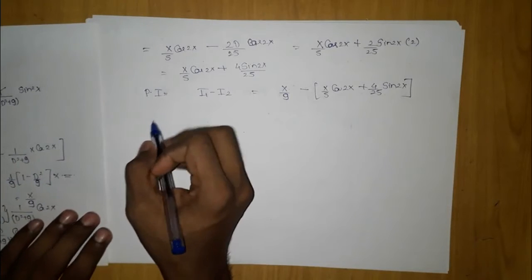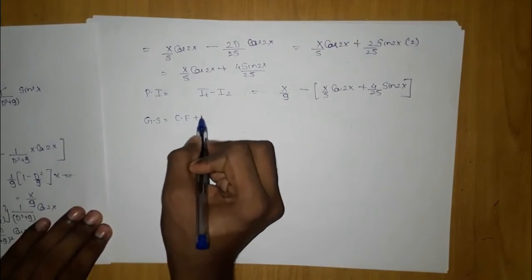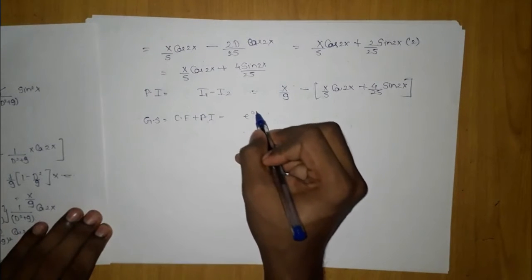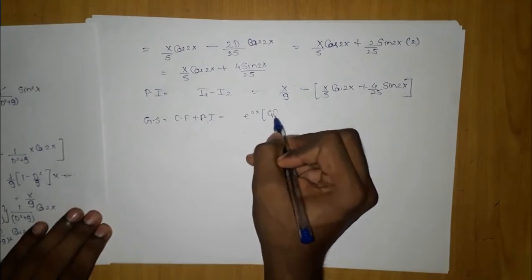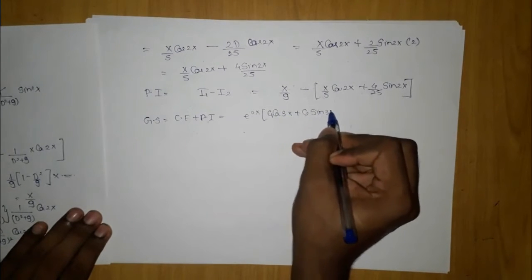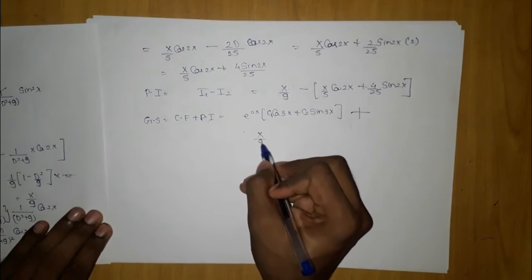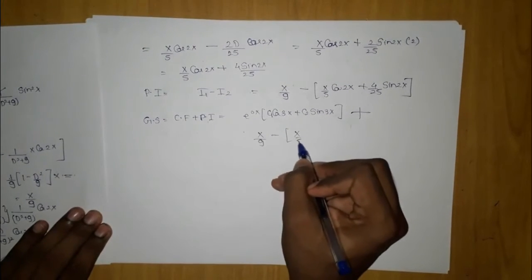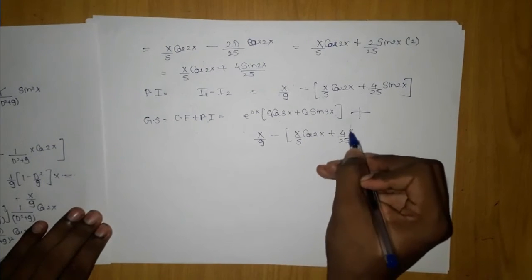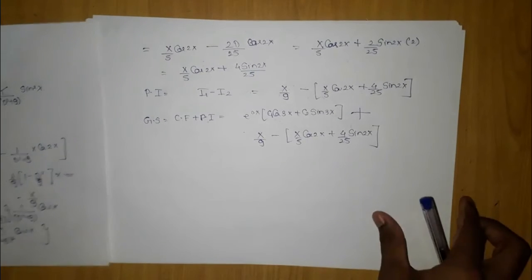Now the general solution is a combination of complementary function plus particular integral, which is nothing but e power 0x (c1 cos 3x plus c2 sin 3x), plus particular integral x/9 minus bracket x/5 cos 2x plus 4/25 sin 2x bracket close. So this is our required answer.